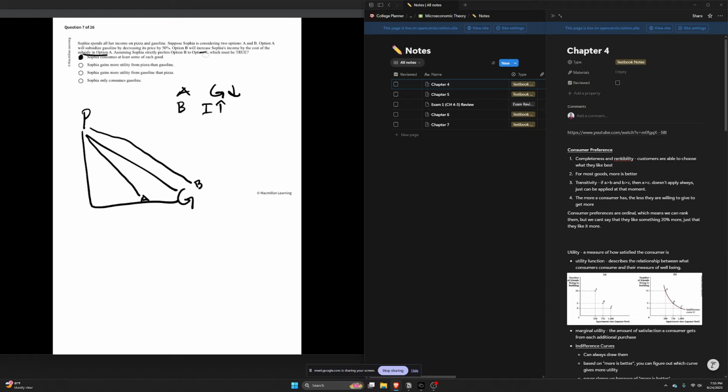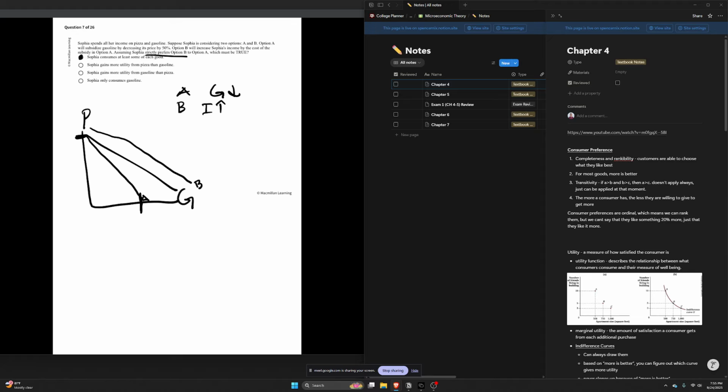Okay. Assuming Sophia strictly prefers option B to option A, which one must be true? So if we're given that she prefers option B, we're asked, why does she prefer option B? If option A happens, then the price of pizza stays the same and the price of gasoline goes down a little bit. And this would be good if she was only buying gasoline, right?